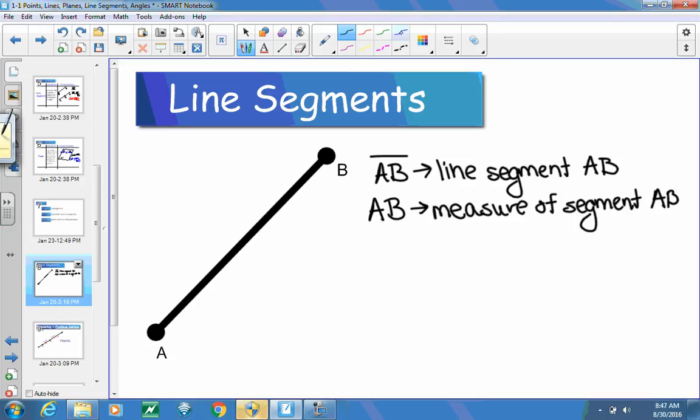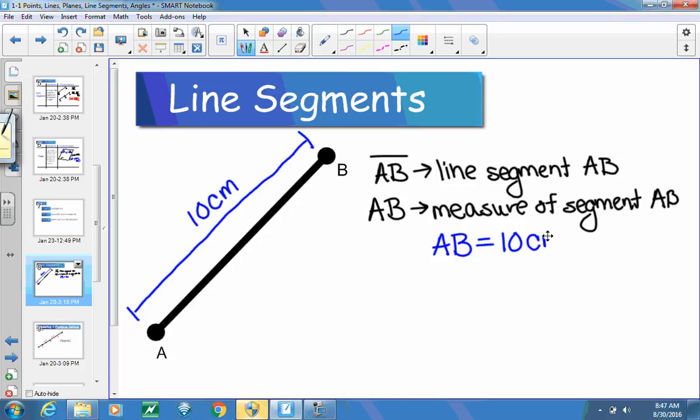And so what I'm referring to here is if I was to look at this segment here and I'm working on a problem, you might see something like this where it tells you what the length of that segment is. So I could go ahead here and say that the length of AB is equal to 10 centimeters. Now in geometry, including units is always going to be very important.